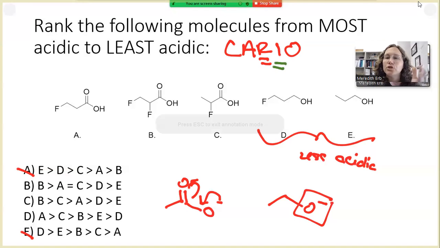Molecule E, which has no fluorines and thus no induction, is going to be the least stable of all of our examples, and therefore its acid is going to be the weakest.